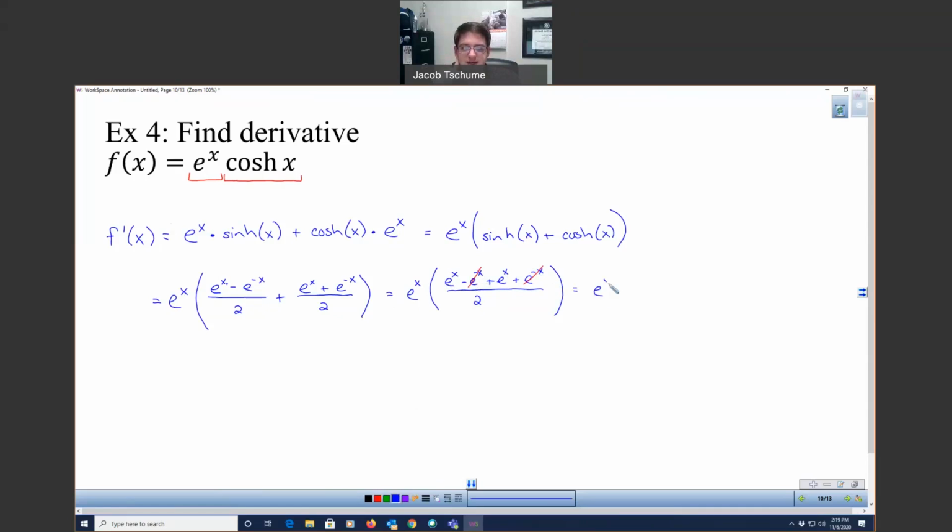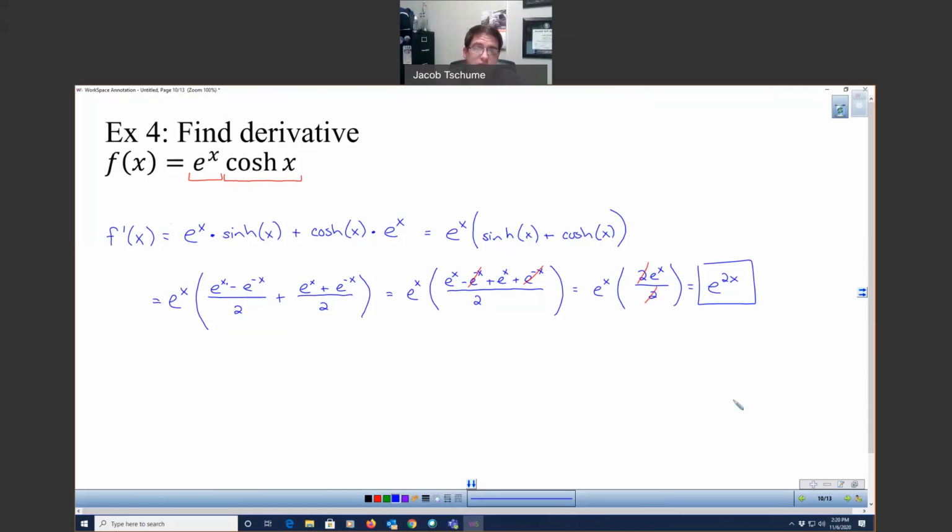And this gives you e to the x times 2e to the x, all divided by 2. And once again, from earlier, your 2 divided by 2 cancels, but the difference now is you have to multiply this e to the x by that e to the x that we factored out a little bit earlier, and you should get a final derivative of e raised to the 2x, which is kind of neat to see.